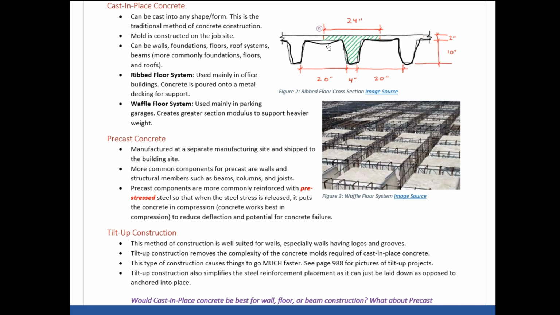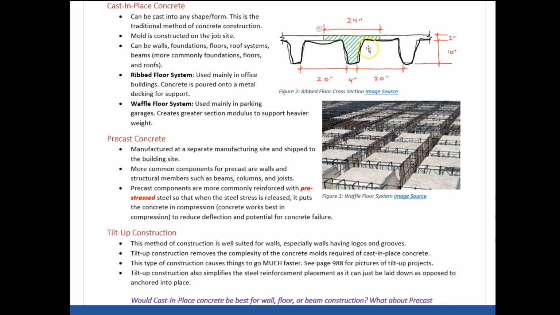As we've learned previously, section modulus increases the bending strength considerably for any type of cross section. So we would have the metal decking on the bottom, and then concrete would just be poured on top of the metal decking, and then the top would be smoothed out with a sort of blade type thing to make the floor smooth, because we want our floors to be smooth.